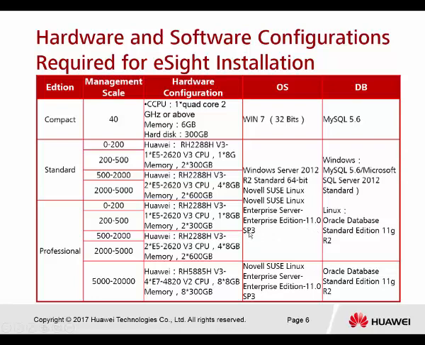For the database, if you're using Windows, you require MySQL 5.6 or Microsoft SQL Server 2012 in the standard edition. Linux requires the Oracle database. Okay, so there's a difference. For the professional, the spec required for the installation is an even higher standard, so you have to read all those before you do the installation.